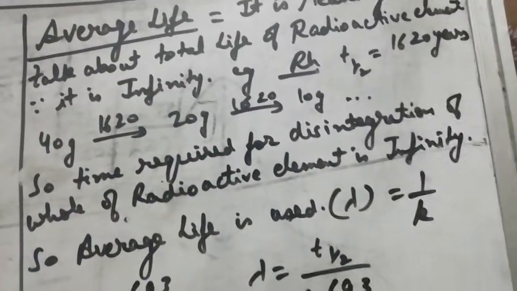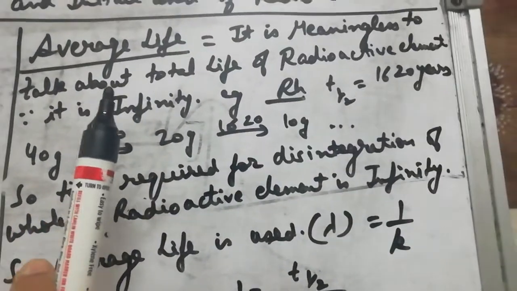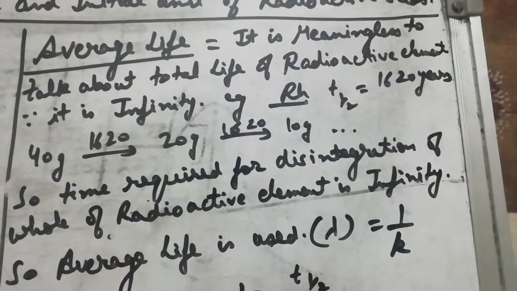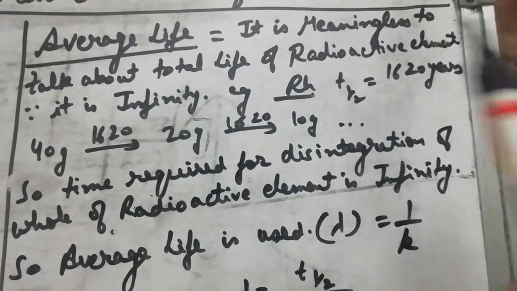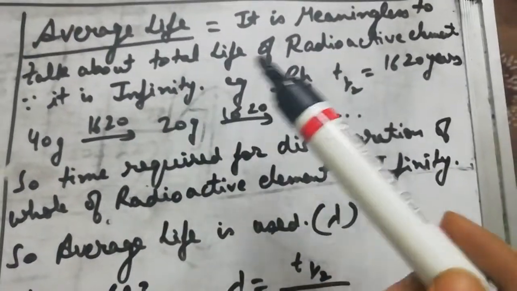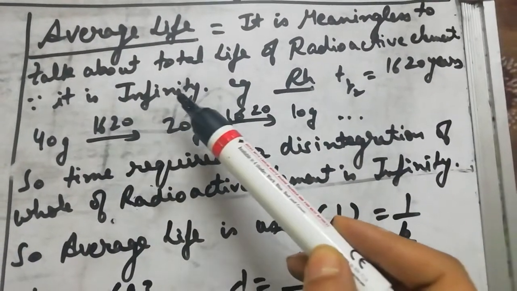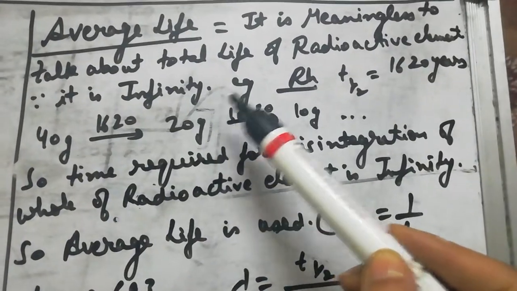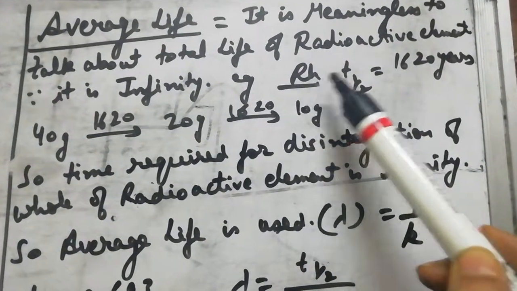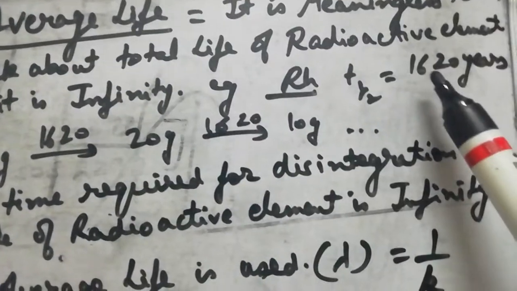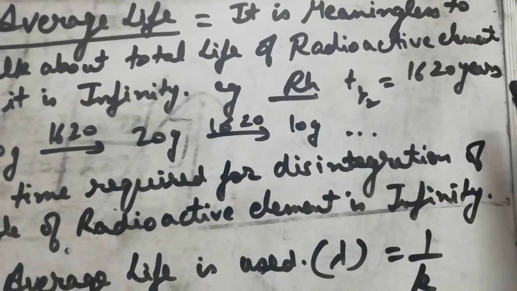So here we are defining another term, that is the average life of radioactive substances. Why was this average life introduced? Because it is meaningless to talk about the total life of a radioactive element, because the total life of a radioactive element is infinity. For example, the half-life of radium is 1620 years.